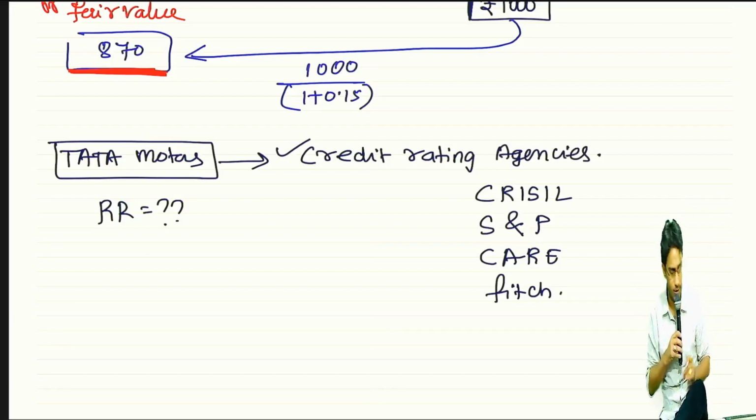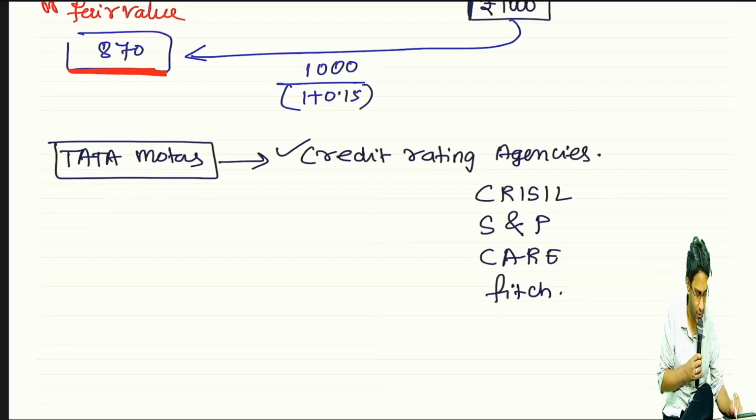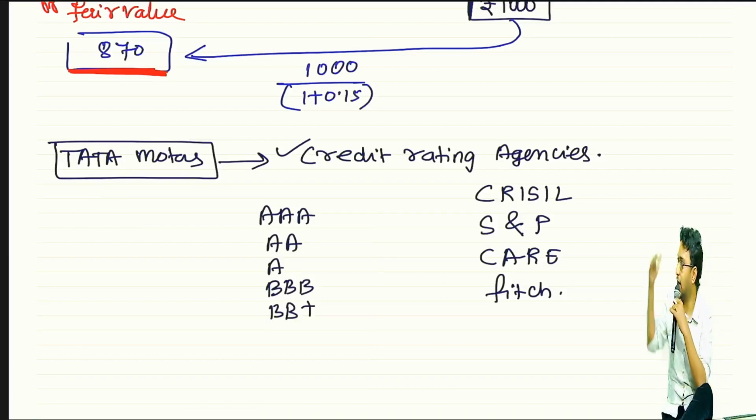What they will do is take all the financial data of Tata Motors Limited and express an opinion on the risk level of Tata Motors Limited. And that expression will be like this: AAA, AA, A, BBB, BB plus, like that, the ratings, sir.